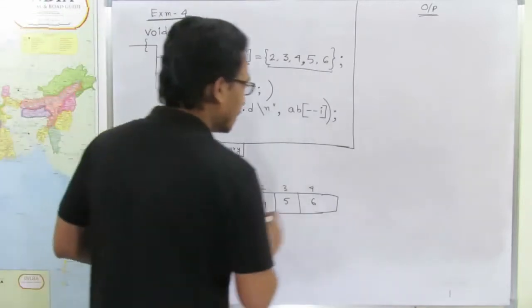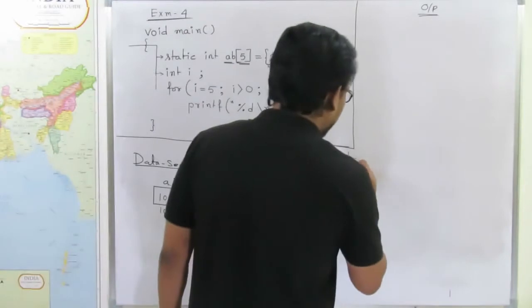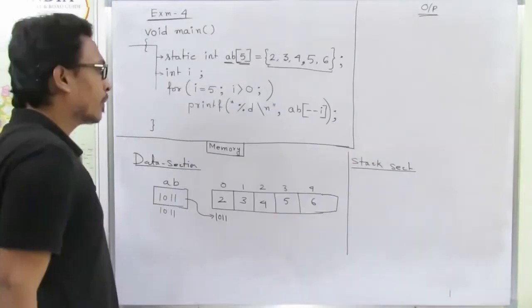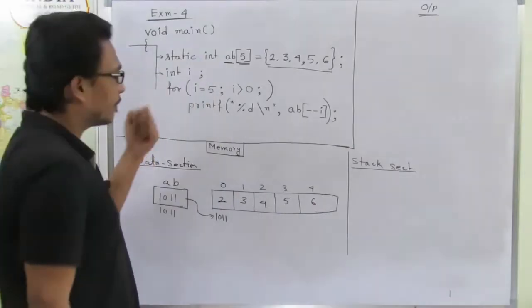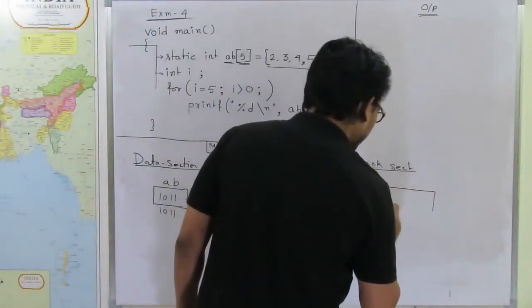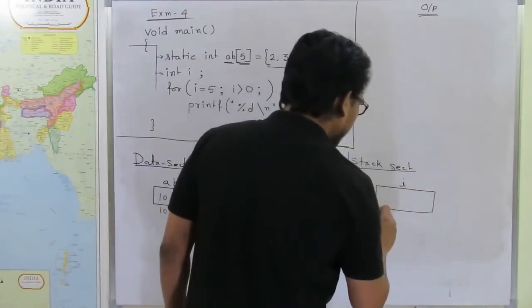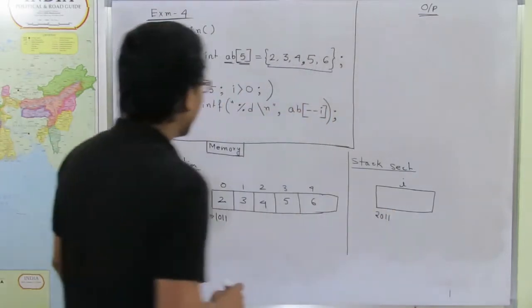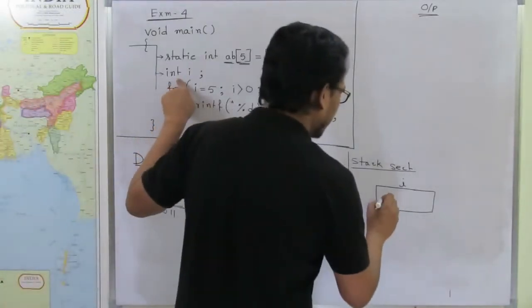So along with this data section, for this program execution we also have a stack section. Now from this stack section memory will be allocated for this variable I. So 4 bytes of memory will be allocated to the variable I. Let's say the base address is 2011 and this particular variable I will be initialized with a garbage value.